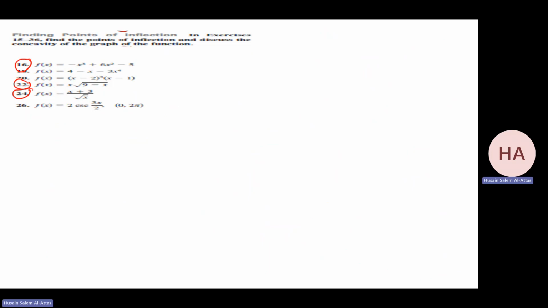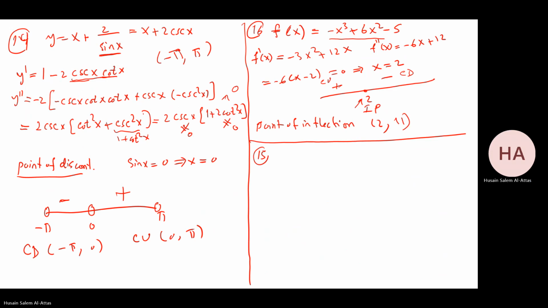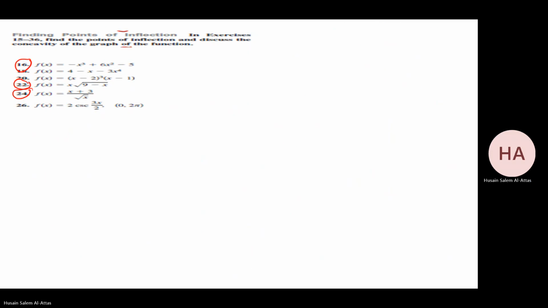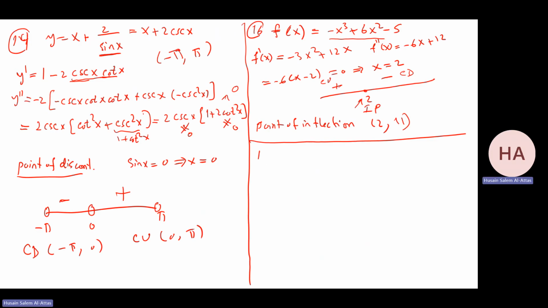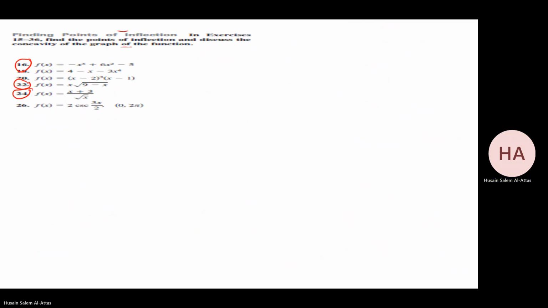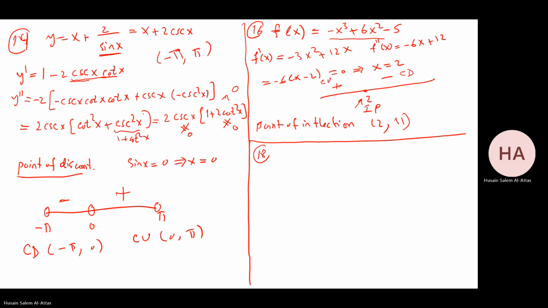Okay, that is 16, not difficult. 17, what is this? 18. That is 18, not 15. What is it? 4 minus x minus 3x to the power 4. The same thing, we'll find f prime.